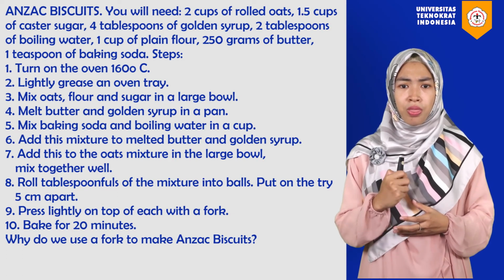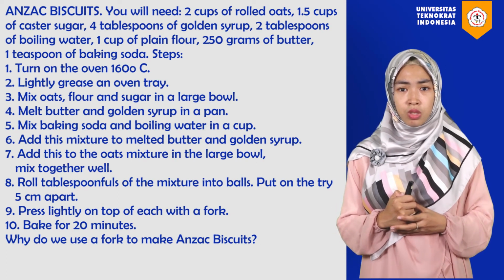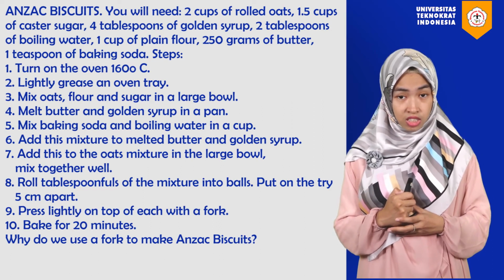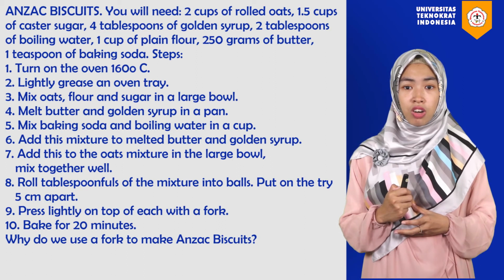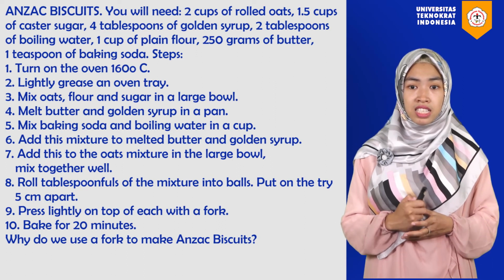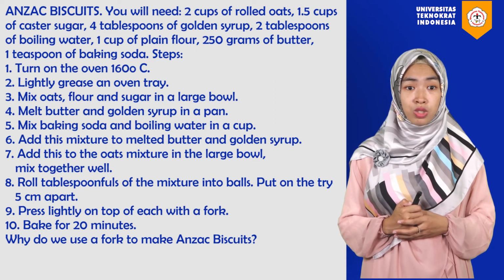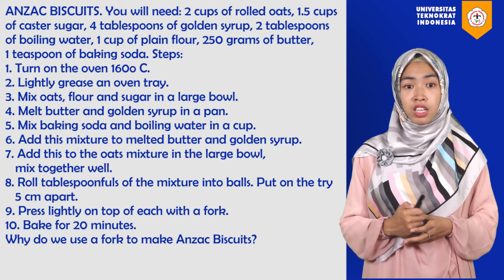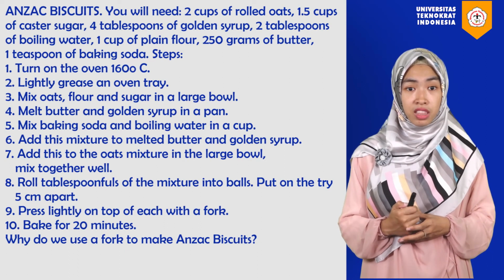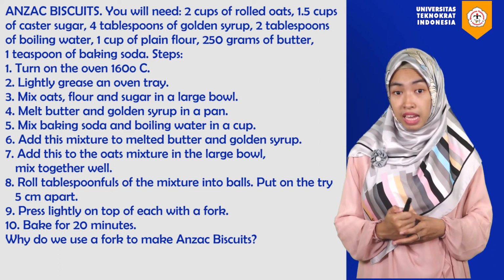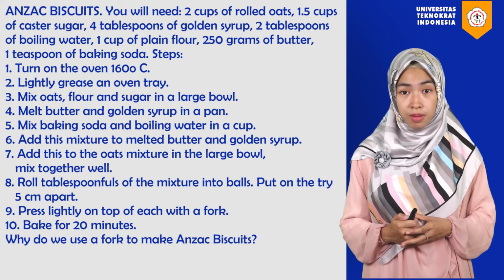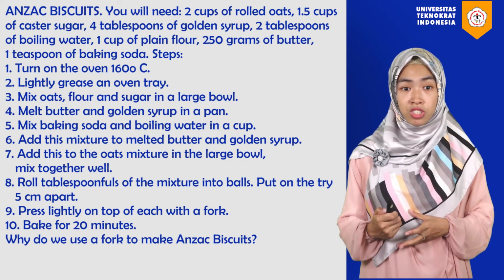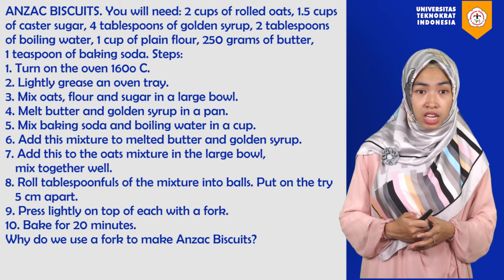Steps. Turn on the oven to 150 degrees Celsius and then lightly grease the oven tray. Next, mix oats, flour, and sugar in a large bowl. In the fourth step, melt butter and golden syrup in a pan. And then mix baking soda and boiling water in a cup. Next, add the mixture to the melted butter and golden syrup.